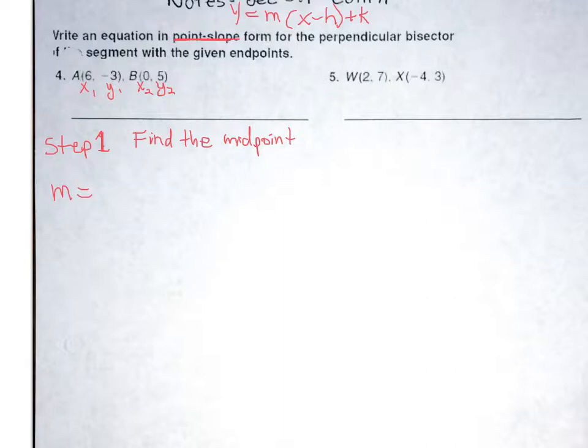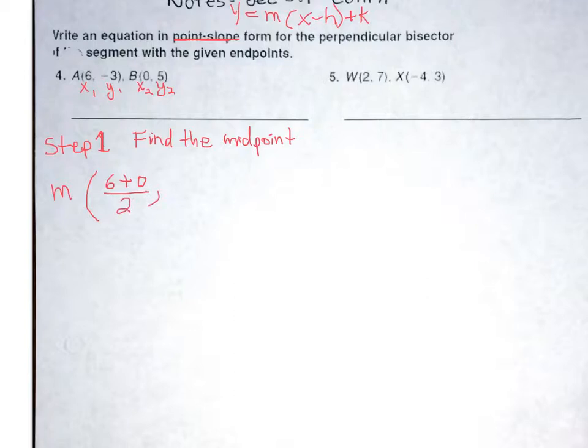So for the midpoint, all we have to do is x1 plus x2, which is 6 plus 0, and then you get half of that.